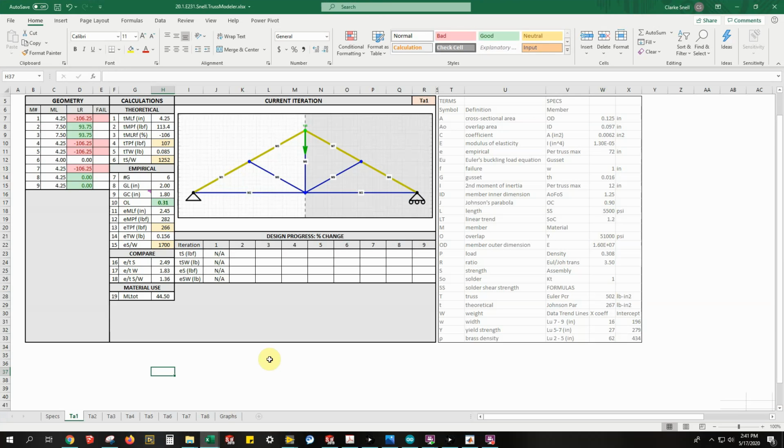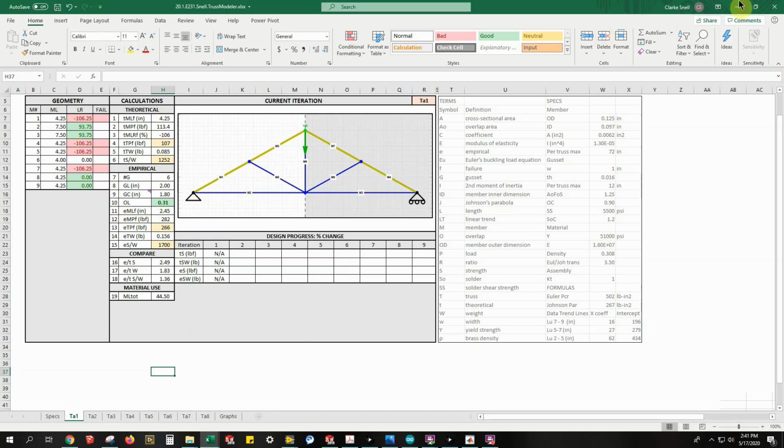We can do that in a more complex way than the Truss Analyzer allows, by bringing that data in from the Truss Analyzer and then performing calculations on it. What I did this semester was focus on creating a theoretical truss and an empirical truss. I'll talk about that for whoever wants to hear about it.